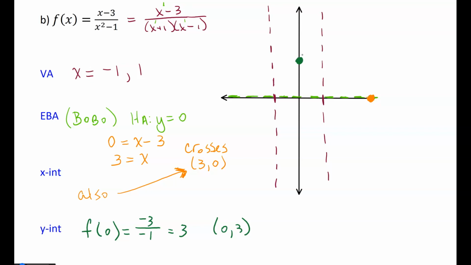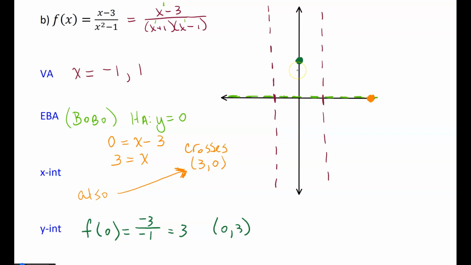All right, if I'm looking at my middle section only, the region between the two vertical asymptotes, between negative 1 and positive 1, we've already established that the graph crosses the horizontal asymptote, except that crossing occurs out here on the other side of the asymptote, not in here.